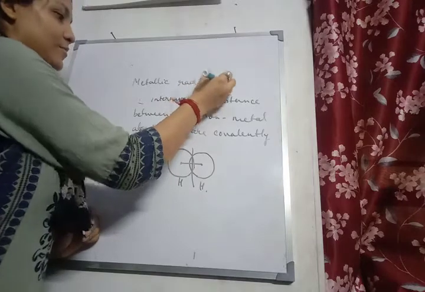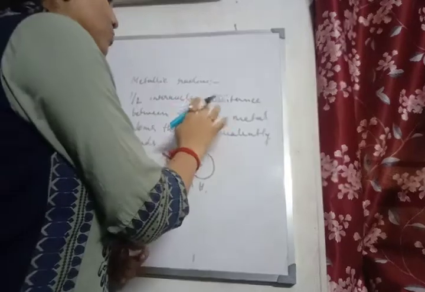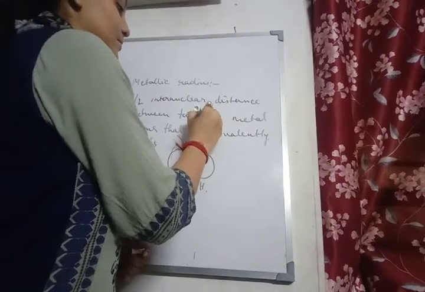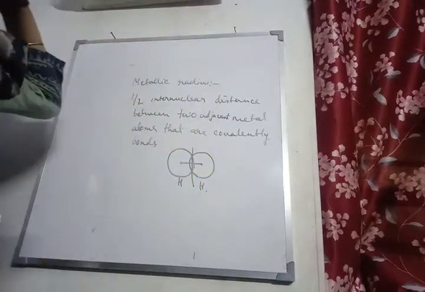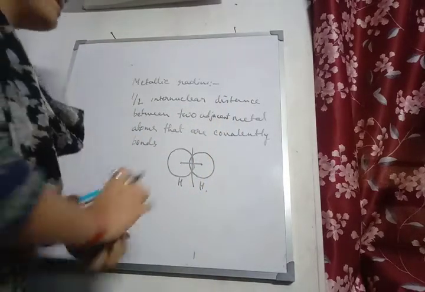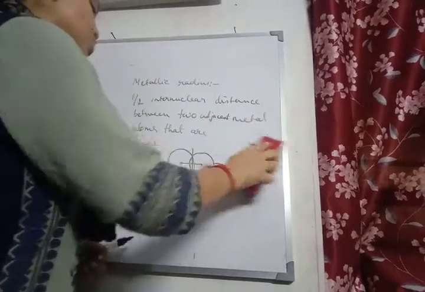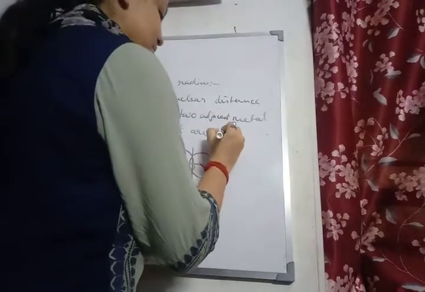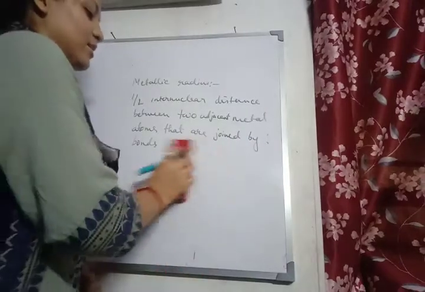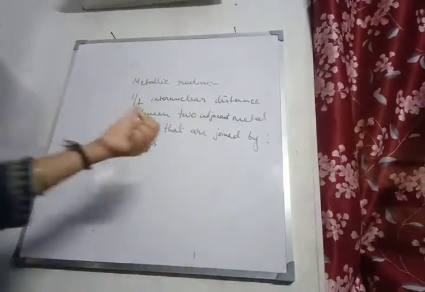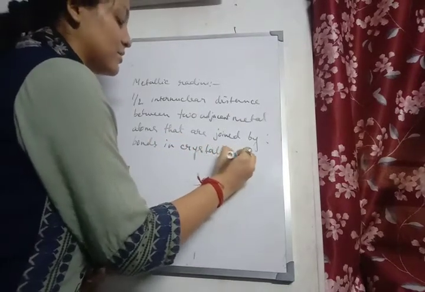It is half the internuclear distance between two adjacent metal atoms, meaning the ones which are closer, that are joined by metallic bonds. That's what your metallic radius is, and this is in the crystalline state. It has to be a crystal.